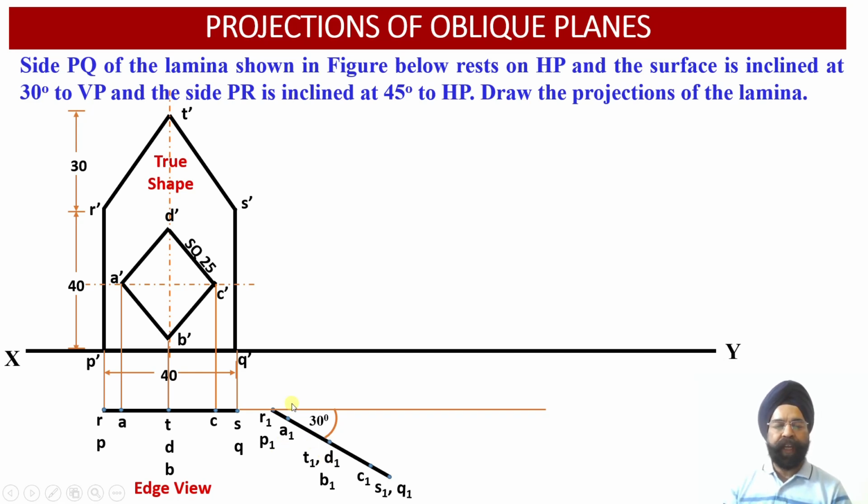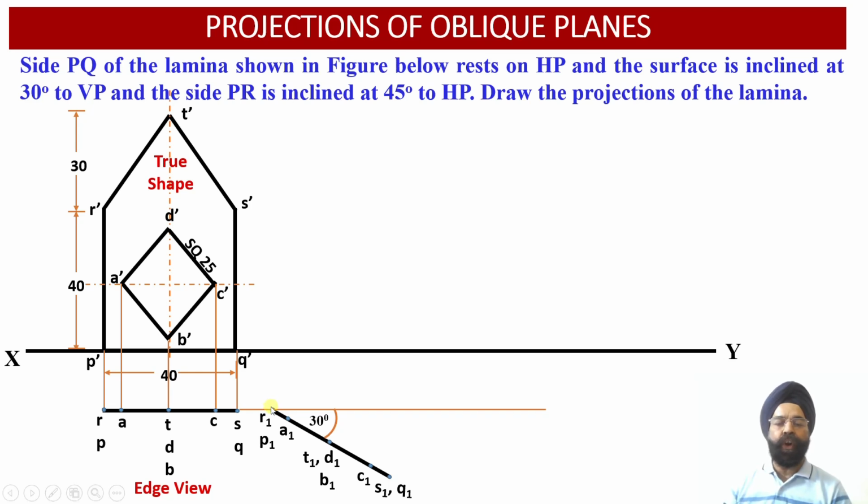Now, having obtained the top view projections in the edge view, we are required to obtain the corresponding front view projections of this lamina which has been inclined at an angle of 30 degrees with respect to the vertical plane. So how will these front view apparent shape projections of this inclined lamina be obtained?